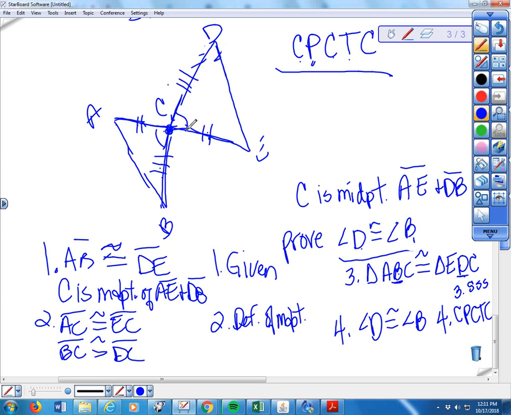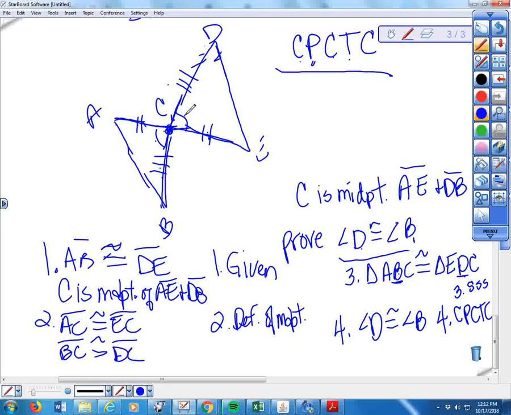It wasn't given to me. Vertical angles. Is that what you say, definition of vertical angles? Well, what you would do is you would start with what's given, that C is the midpoint. Then you would prove that those two sections of the triangle are congruent using definition of midpoint. Then you would say these two angles are congruent, definition of vertical angles. Okay.